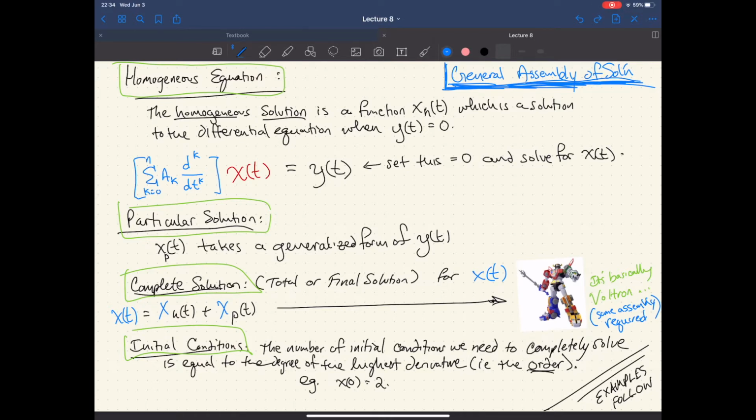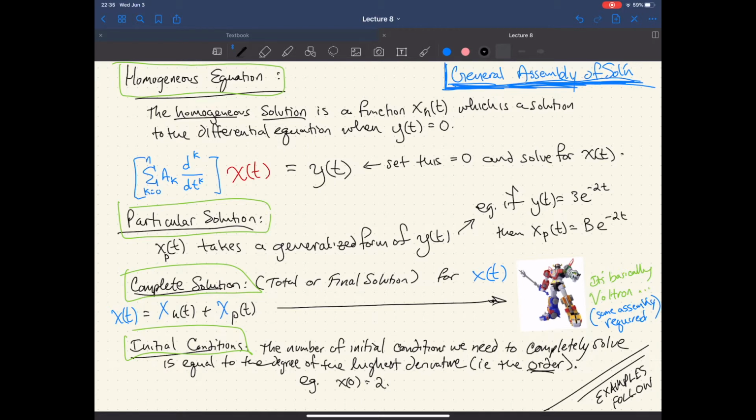Okay, so basically we have our operand and our operator. We're setting that equal to 0. For the particular solution, it's going to take a generalized form of y(t). So, e.g., if y of t is equal to 3e to the minus 2t, then what x_p is equal to be e to the minus 2t.